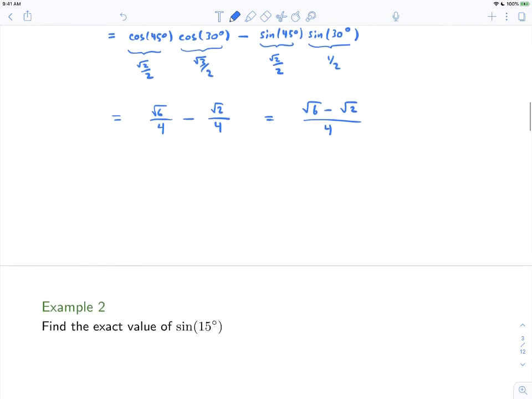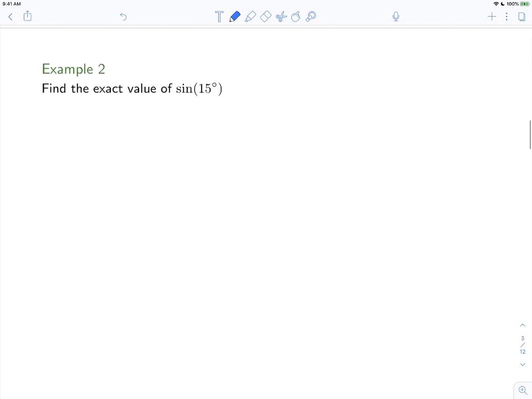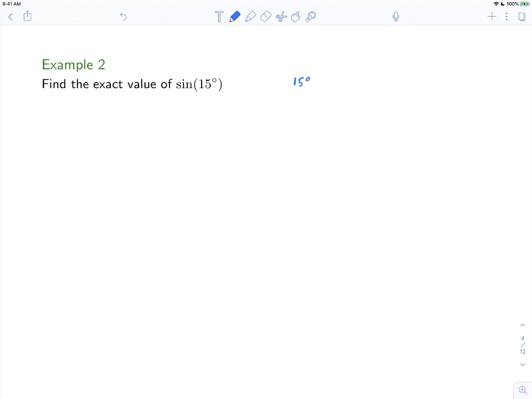For our next example, we'll find the exact value of sine of 15 degrees. And we're again going to do this using a sum or difference formula, this time for sine. And actually we're going to use the difference formula in this case, because 15 degrees is 45 degrees minus 30 degrees. So sine of 15 degrees is equal to sine of 45 degrees minus 30 degrees.